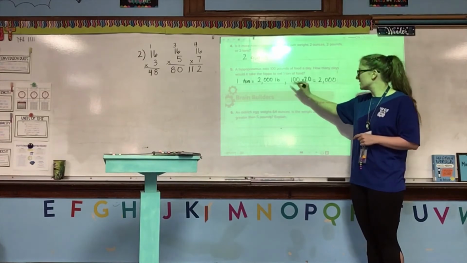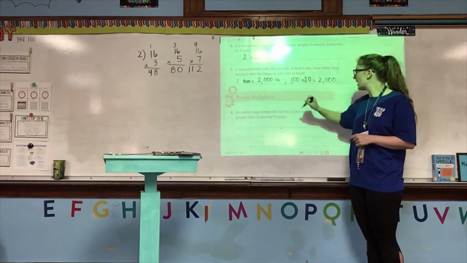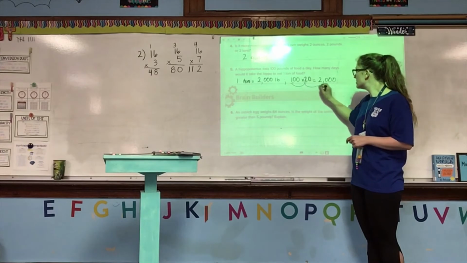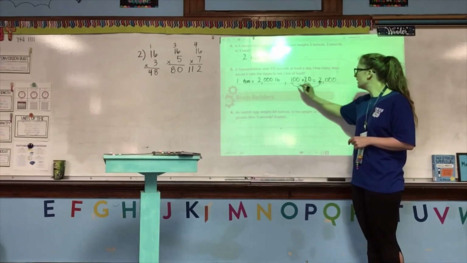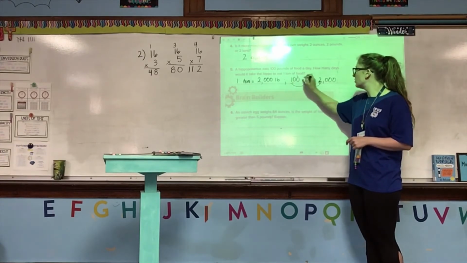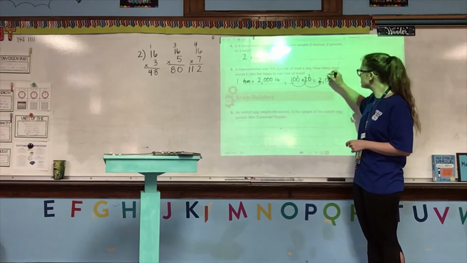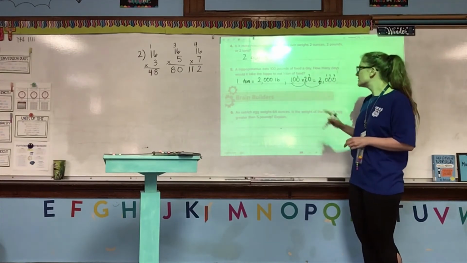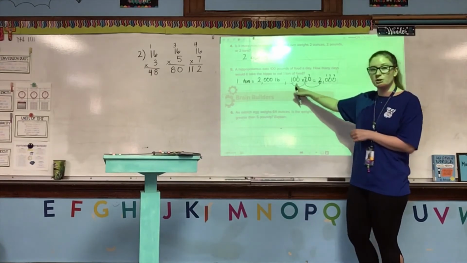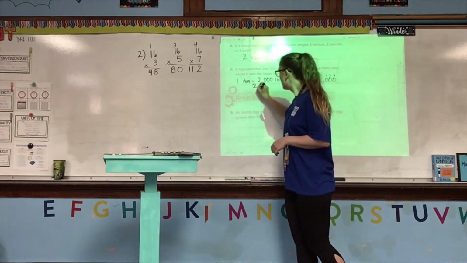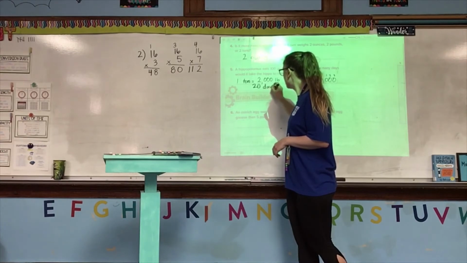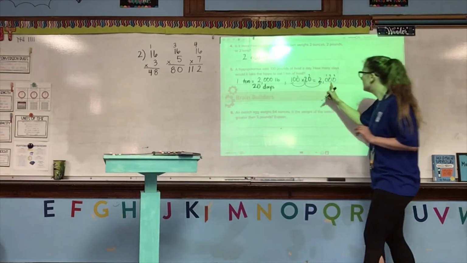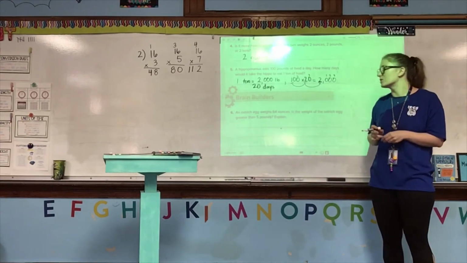The basic fact is 1 times 2, which equals 2. And then we have 1, 2, 3 zeros, which if we put at the end, the answer has to be 100 pounds a day for 20 days to eat 2,000 pounds or 1 ton.